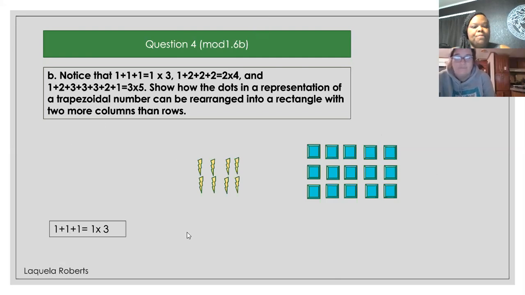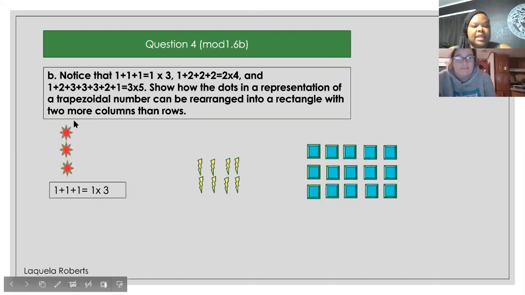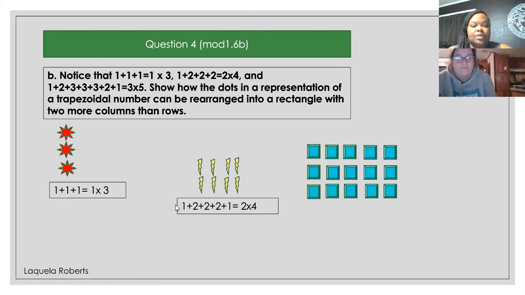As you can see here, 1 plus 1 plus 1 equals 1 times 3. So that gives us the 3 dots. Our next one is 1 plus 2 plus 2 plus 2 plus 1 equals 2 times 4.